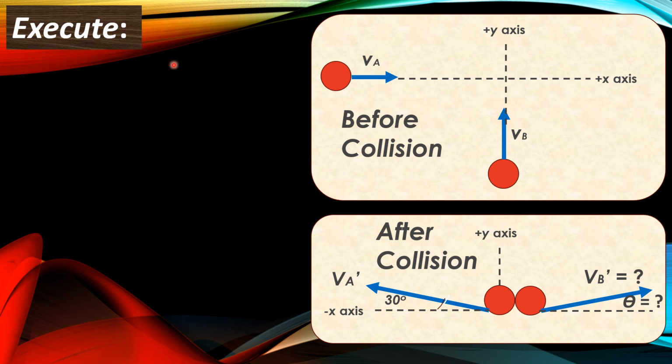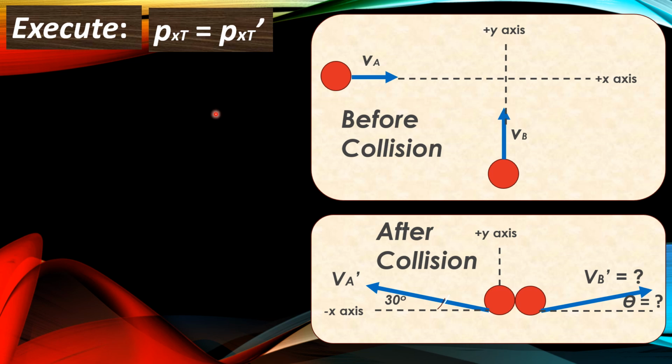Applying the law of conservation of momentum along the x-axis, that is, the initial total momentum along the x, labeled here as p sub x total, is equal to the total momentum along the x after collision, labeled as p sub x prime total.